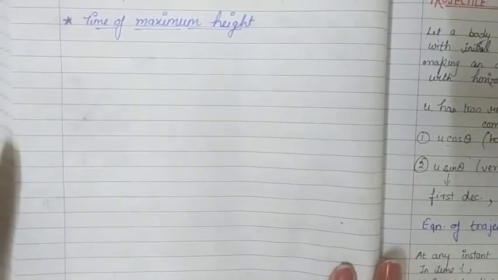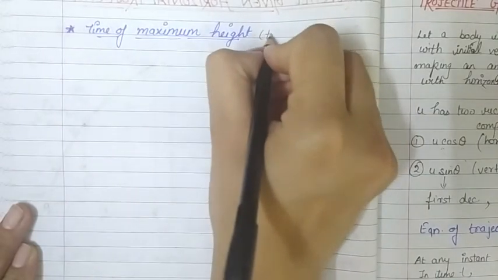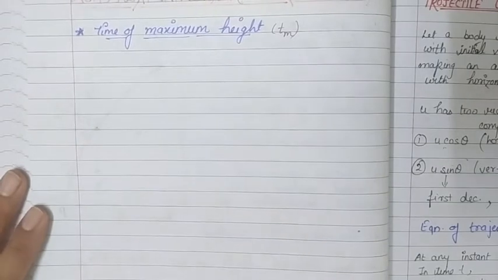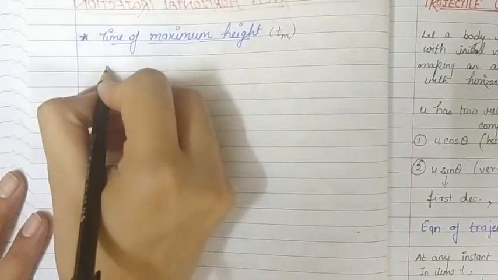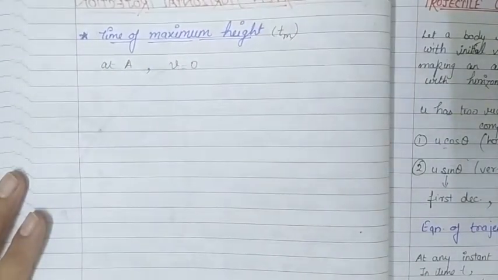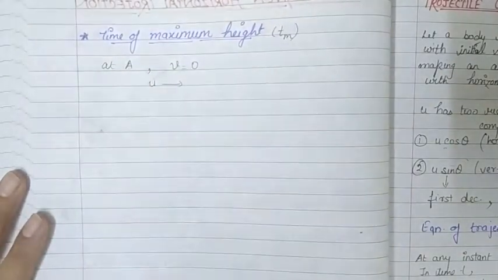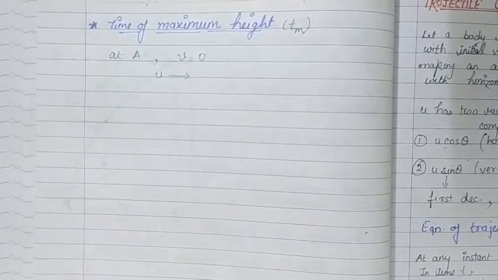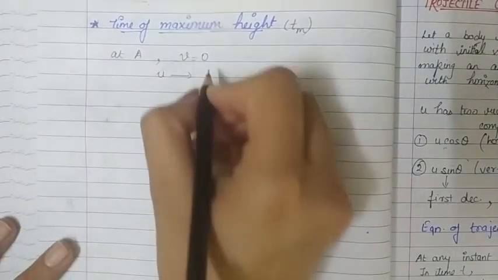So let the time of maximum height be represented by t with suffix m. So tm represents the time in which the projectile reaches from O to A as per our diagram. At A, the highest point, the velocity of the projectile is 0. Final velocity is 0. Initially the vertical motion of the projectile is because of the vertical component of velocity, that is u sine theta.